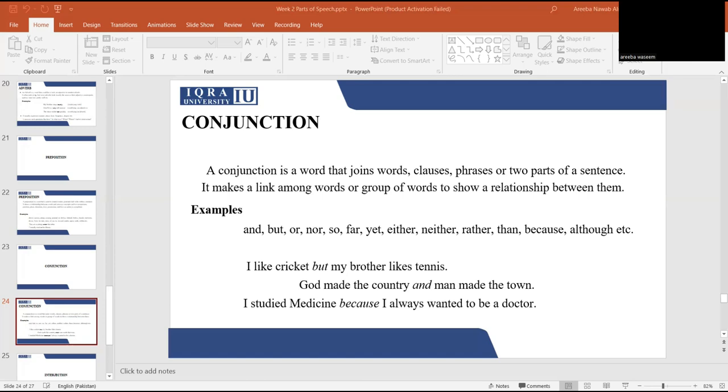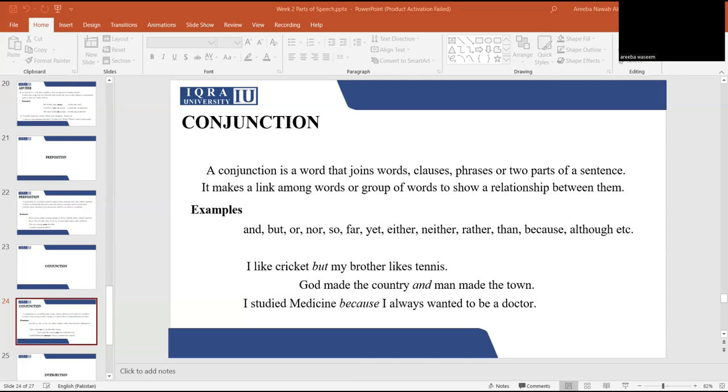Now here, both of these sentences are independent. I studied medicine is something that we are telling someone, okay, or it's also that I always wanted to be a doctor.